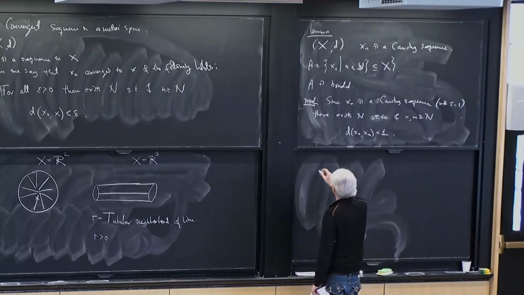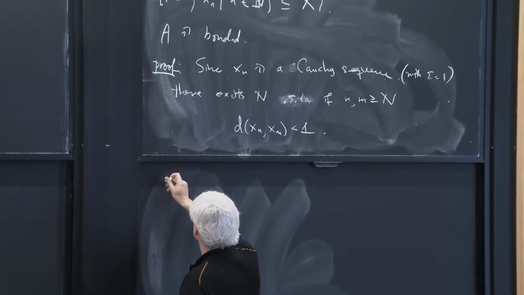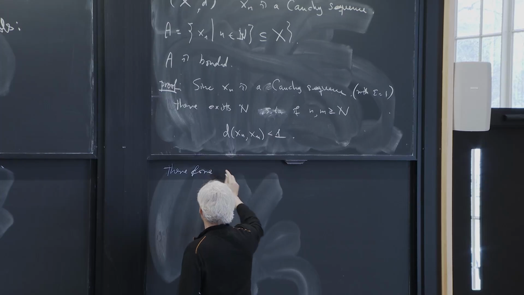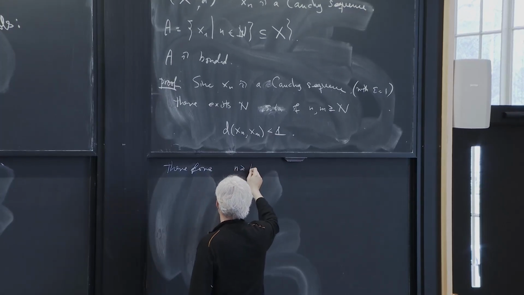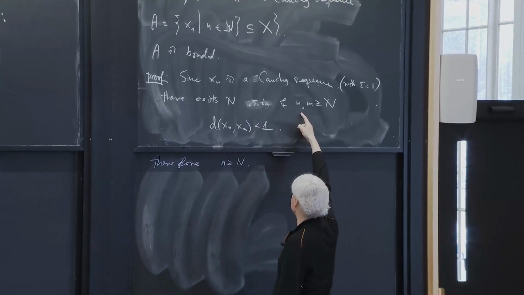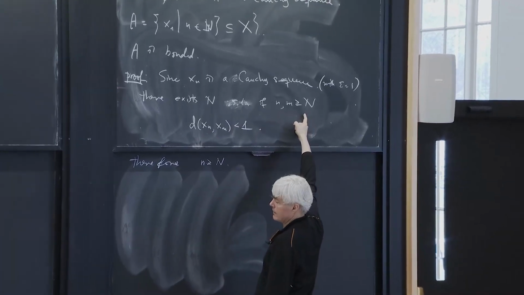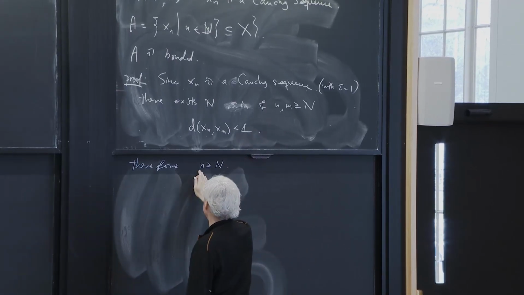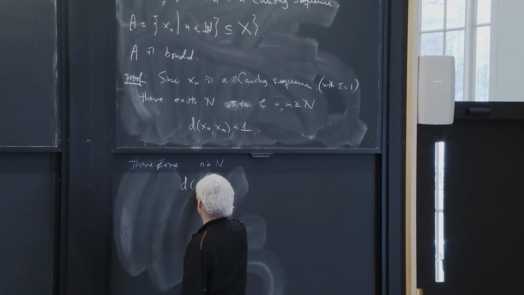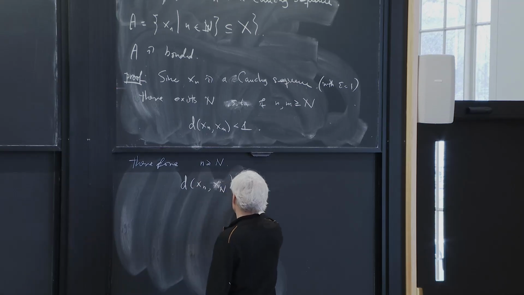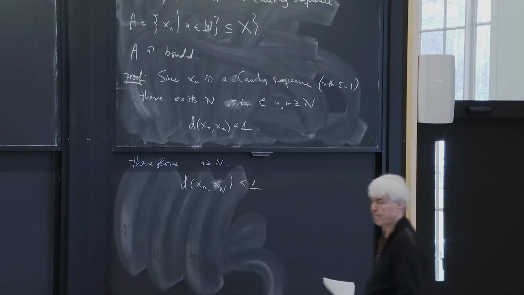In particular, as long as n is bigger than capital N, you can use capital N for m. So for little n bigger than capital N, the distance from x_n to x_N is smaller than 1.